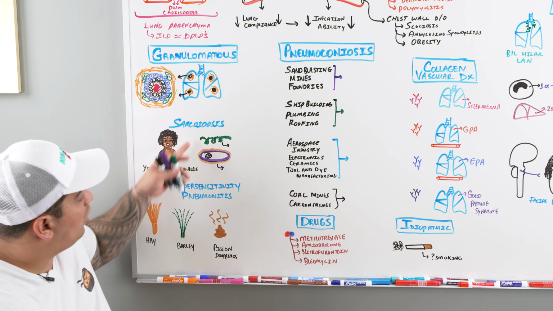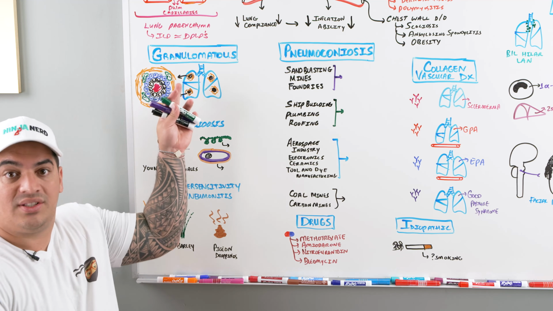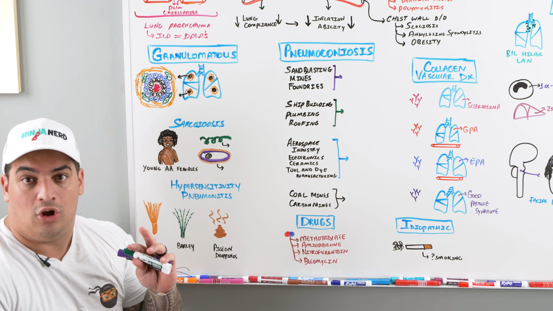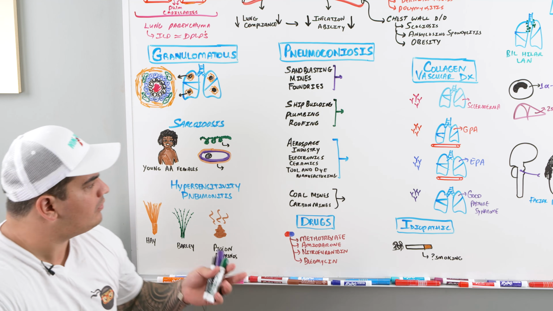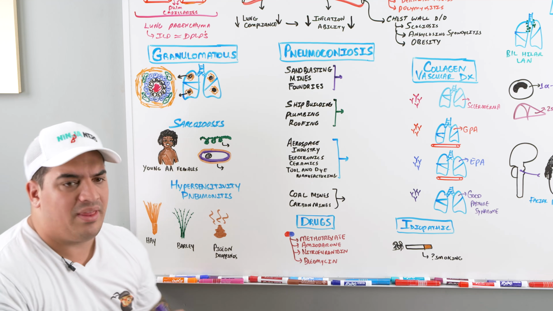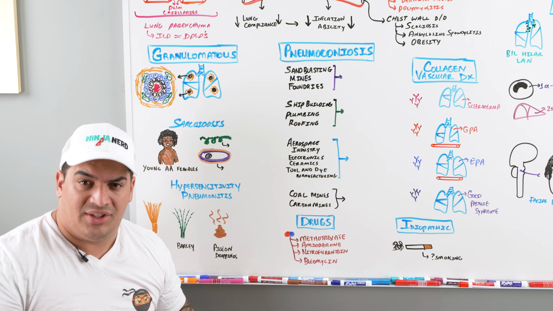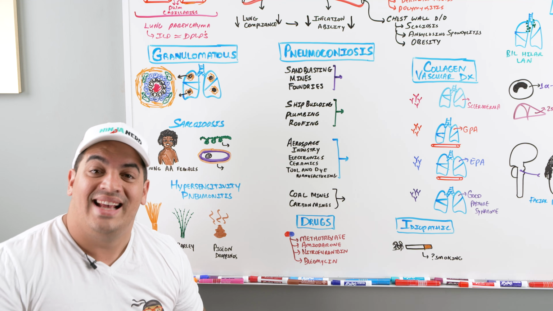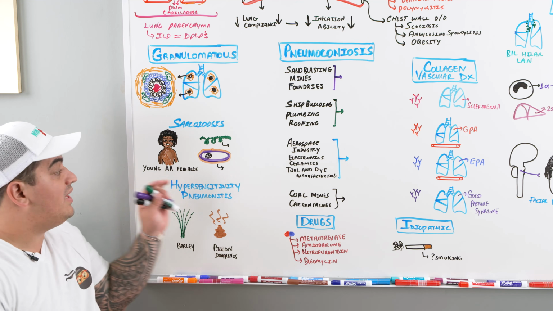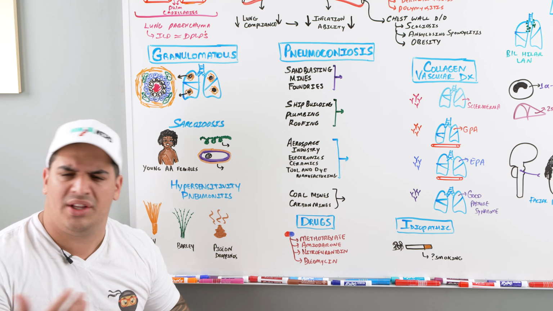Now, we can see this in sarcoid and hypersensitivity pneumonitis. Both of these are caused by non-caseating granulomas deposited in the lung tissue. The big epidemiological thing to think about between these two disorders when they present them in the vignette is that sarcoidosis is primarily seen in very young African American females, 20s to 30s.